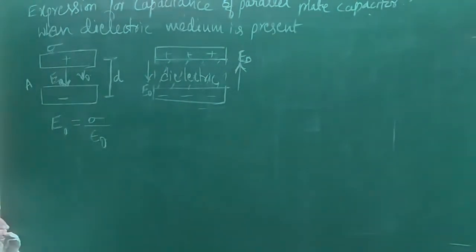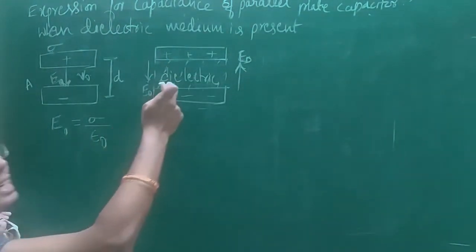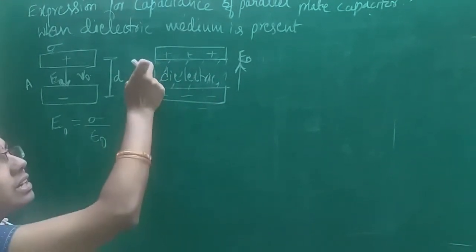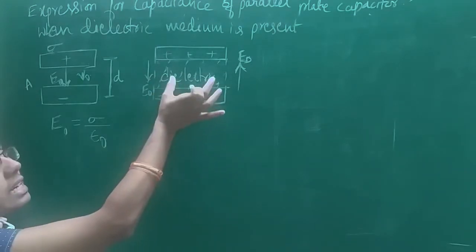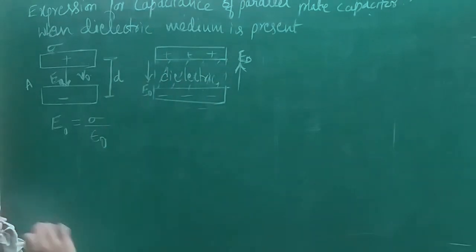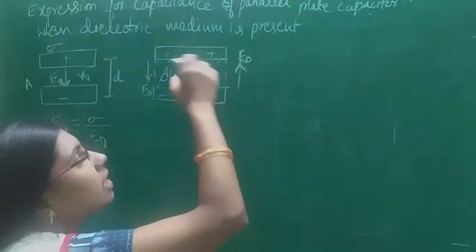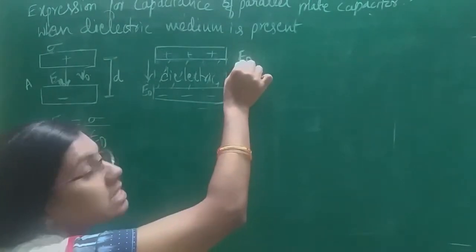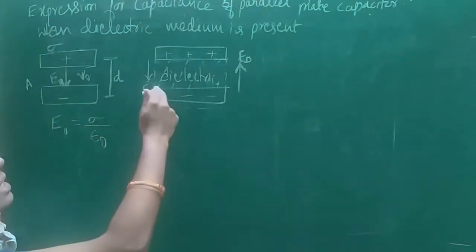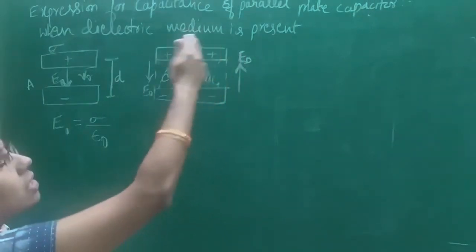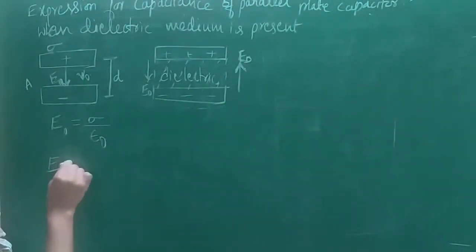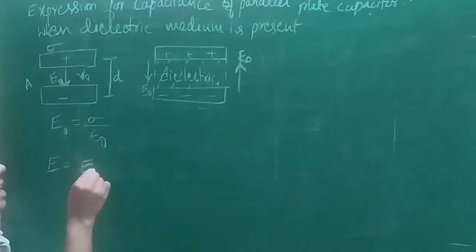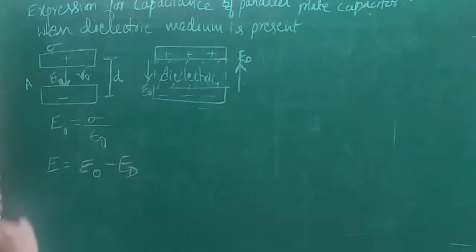Before inserting the dielectric, the electric field E0 is in this direction. After inserting the dielectric, the induced electric field acts in the opposite direction. So the net electric field is E is equal to E0 minus ED.